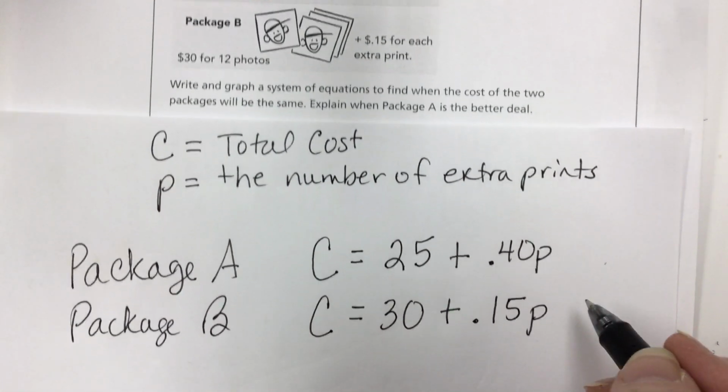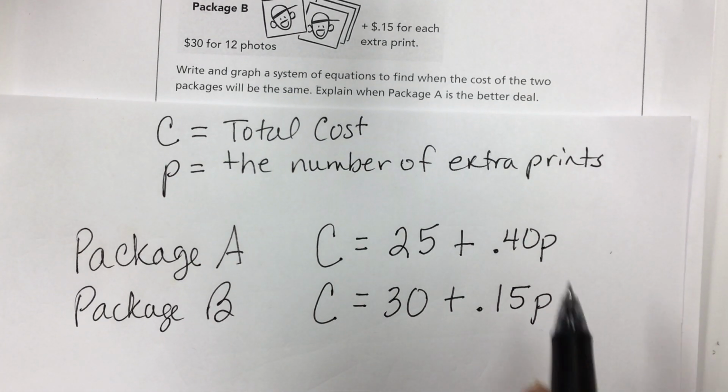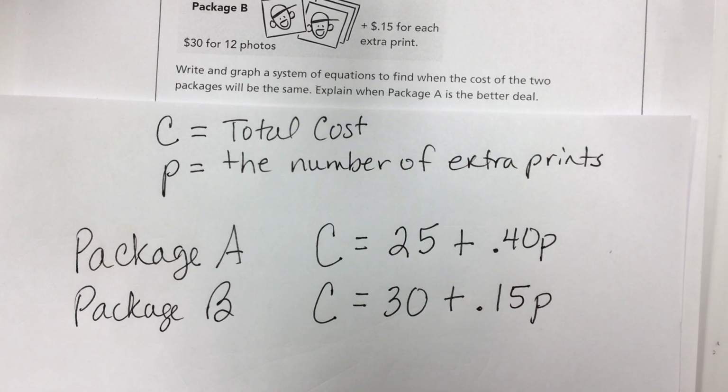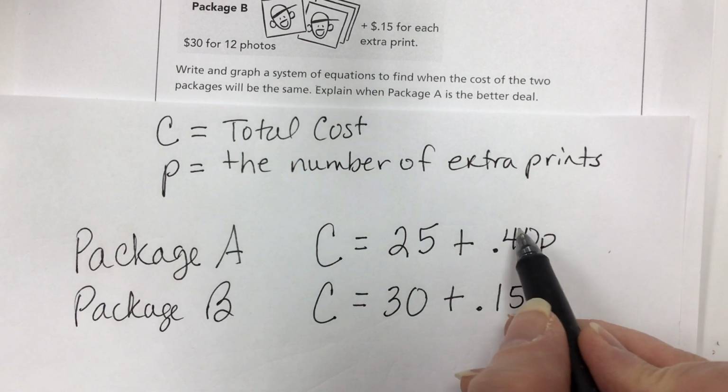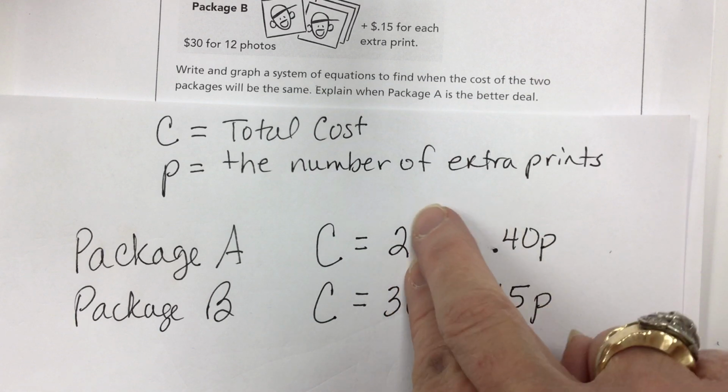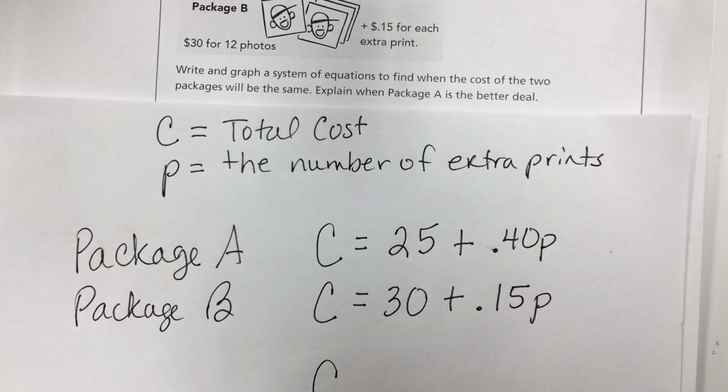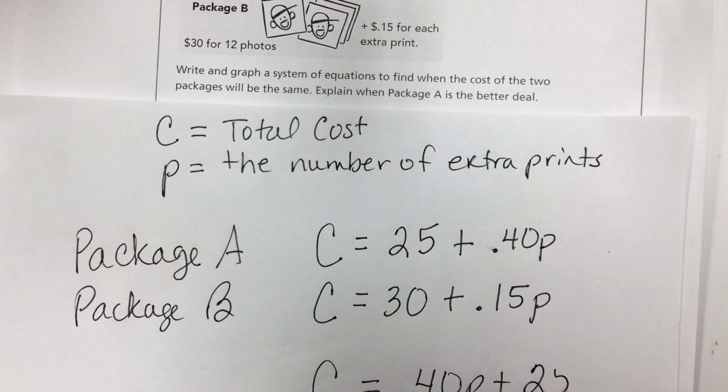Now, being that I have been asked to graph these, I need them in the form of y equals mx plus b. I need one of the variables in front of the equal sign and the other variable directly after the equal sign. So I'm going to swap these two. I'm going to put C is equal to 0.40P plus 25.